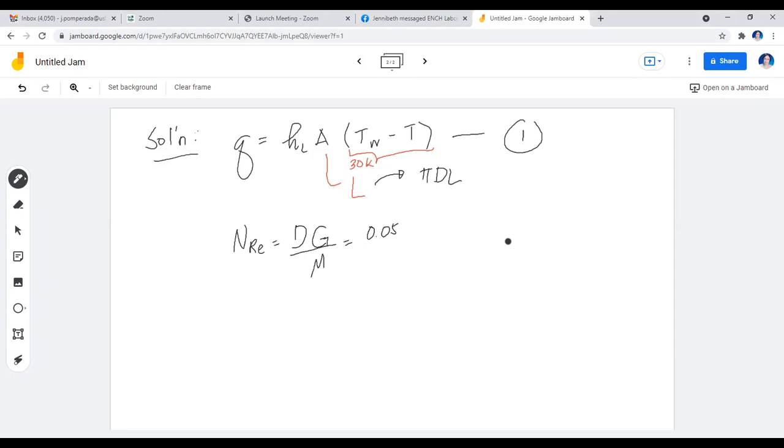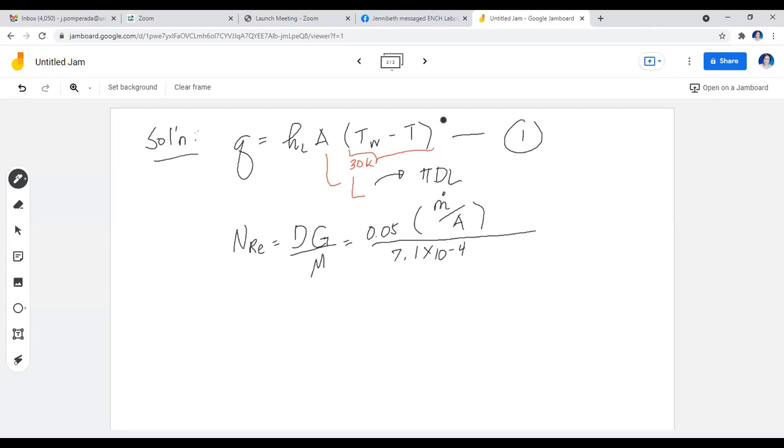Now, this mass velocity of the fluid is actually its mass flow rate divided by the cross-sectional area in which this particular mass is flowing or passing into. So specifically, I'll write here mass flow rate divided by not the lateral area, but the cross-sectional area of the tube. Now, as for the mu, it's given already to be 7.1 times 10 raised to negative 4 Pascal seconds.